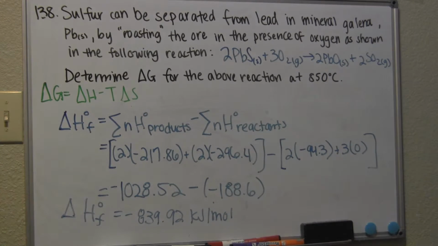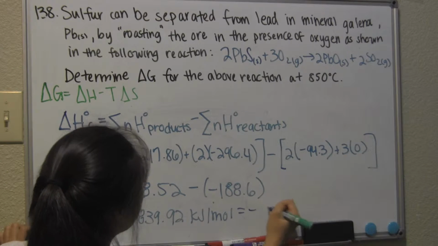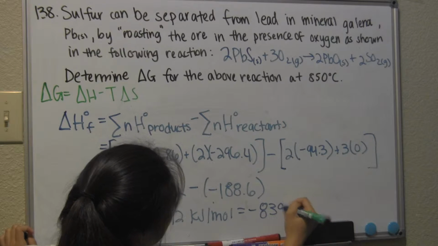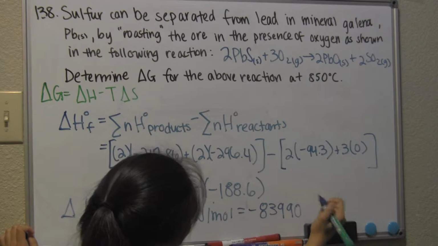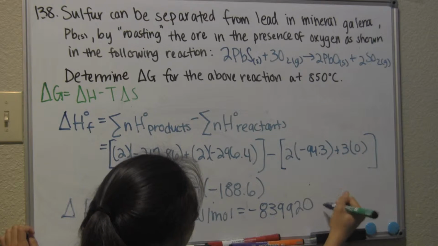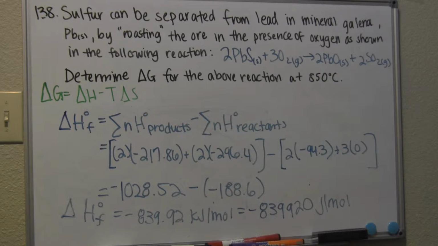Now since this is in kilojoules per mole, I'm going to convert it to joules per mole because standard entropy is joules per mole Kelvin. And this would end up being negative 839,920 joules per mole. So now you guys can write that down, and then I'll solve for delta S.